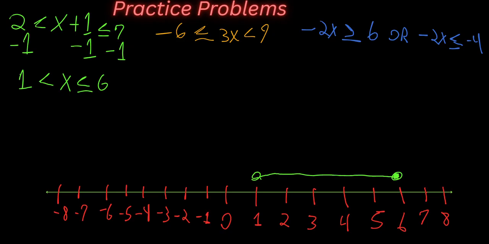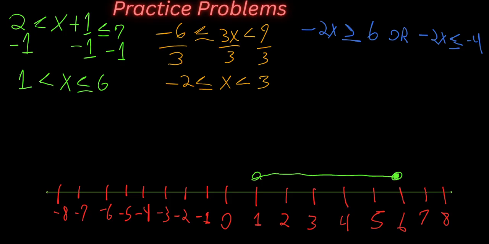Let's move on to the orange problem here. Okay, we have -6 is less than or equal to 3x, which is less than 9. So we need to isolate the variable, solve first, and then graph, as we have learned. So we're going to divide each of these by 3. So now we have -2 is less than or equal to x, which is less than 3.